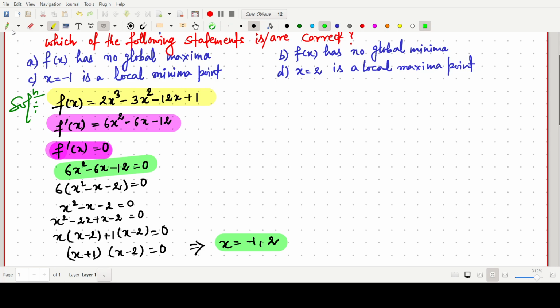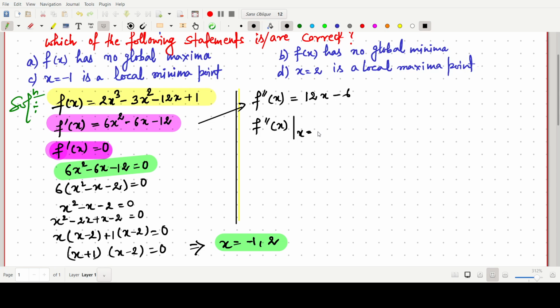Then after this, we have to find the value of f''(x). Since f'(x) is given, f''(x) is 12x - 6. Then we find f''(x) at x = -1.